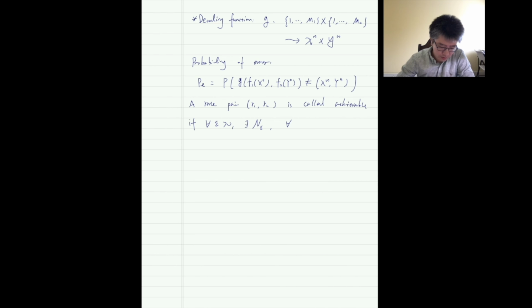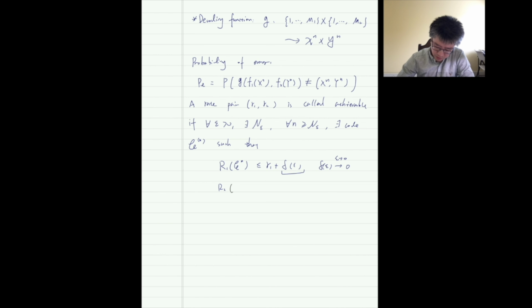For any n bigger than or equal to n(epsilon), there exists a code C_n such that the rate of this code R1 is less than or equal to R1 plus delta(epsilon), where delta(epsilon) goes to 0 as epsilon goes to 0, okay?